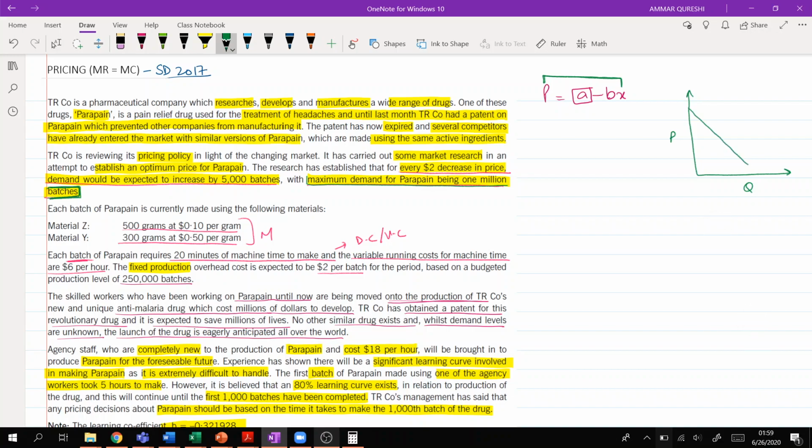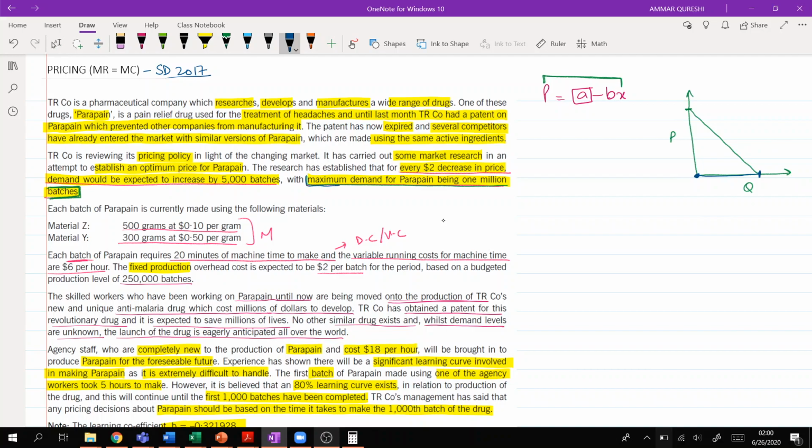And this is basically the demand function. So at this point, quantity is 0, but at the maximum quantity, what is the price? Price at this quantity is 0. So when you sell the maximum quantity, usually price is equal to 0, right?